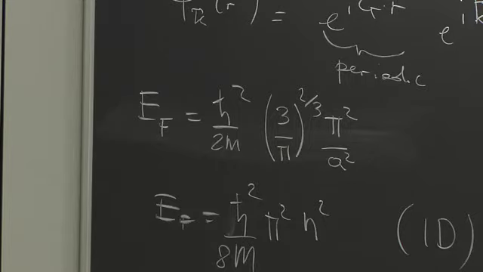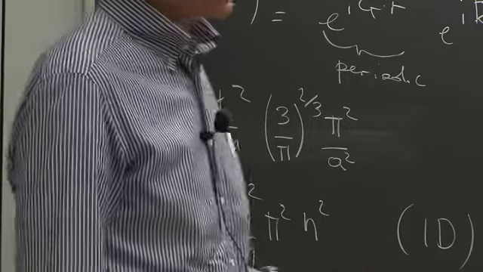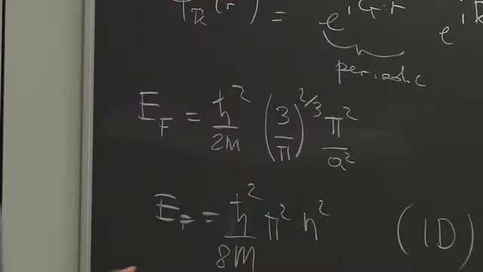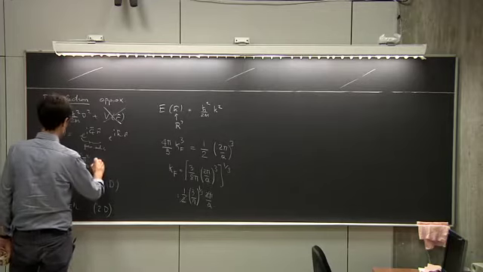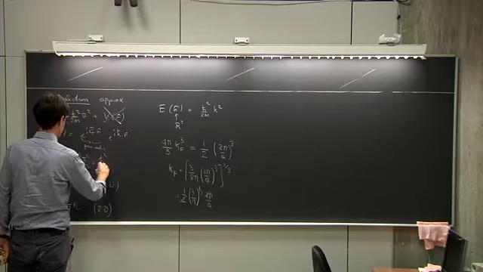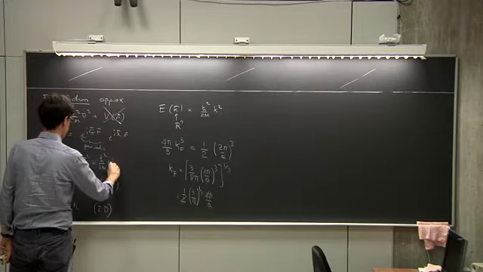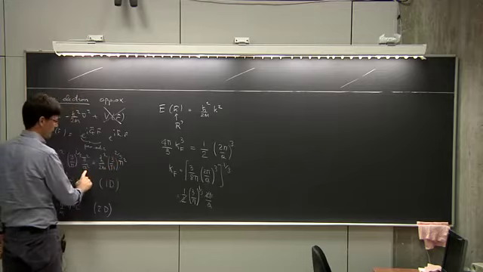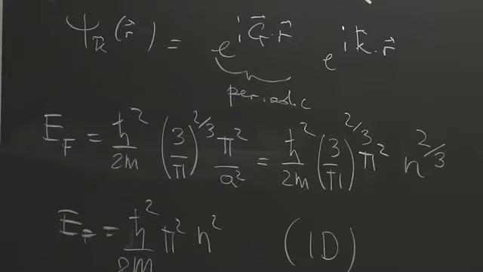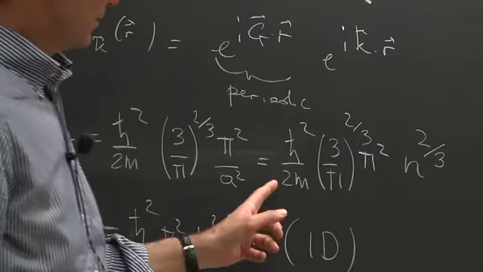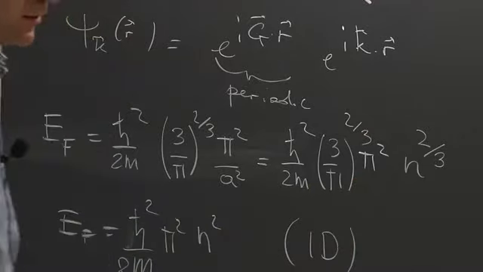And again, if we want to transform it into a density, we have 1 electron per cell. The cell is a cubed in 3 dimensions. So this is h squared over 2m, 3 pi squared to the 2/3, and this is n to the 2/3, right? Because n is 1 over a cubed, 1 electron per unit cell. So 1 over a squared is n to the 2/3.